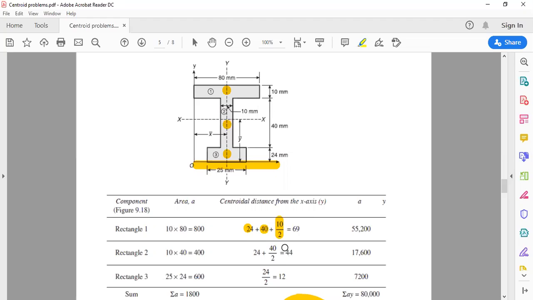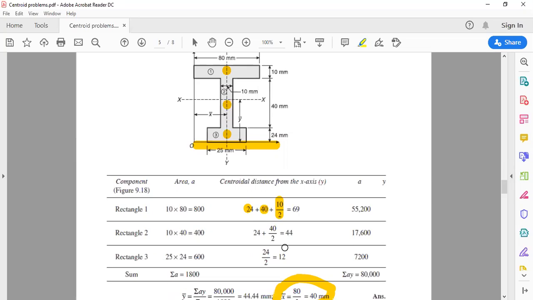Next, the third rectangle. For this third rectangle, the width is 25 and the height is 24. So the area is 25 into 24, which is 600. Next, y bar of the third rectangle.